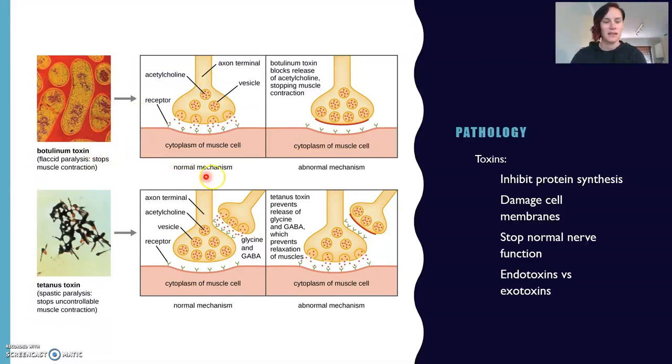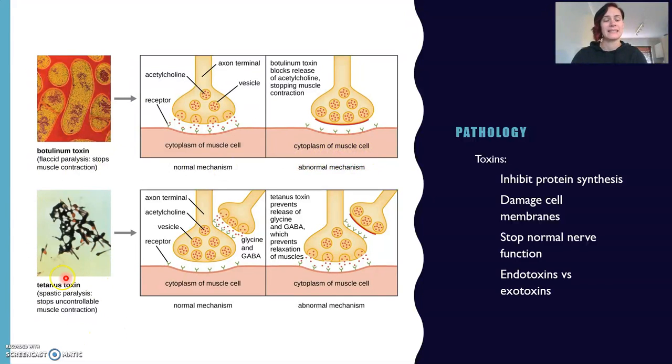If you have a look here, this is our normal. We know this is a synapse, and the neurotransmitters are pushed out and then pushed out onto the receptors, and then the muscle can do the contraction. However, botulinum toxin stops these neurotransmitters from being released and therefore stops contraction of muscle.